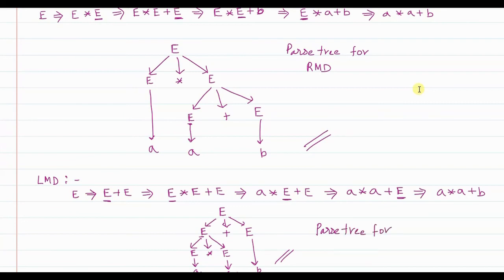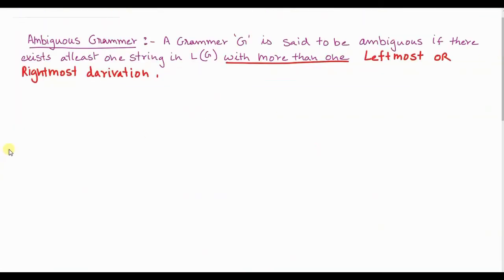The next topic that we are going to see is ambiguous grammar. A grammar G is said to be ambiguous if there exists at least one string in L(G) with more than one leftmost derivation or more than one rightmost derivation.